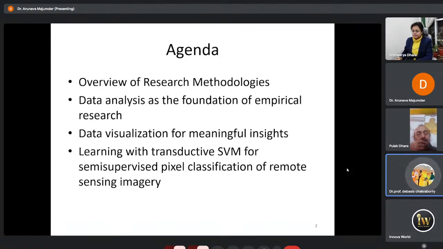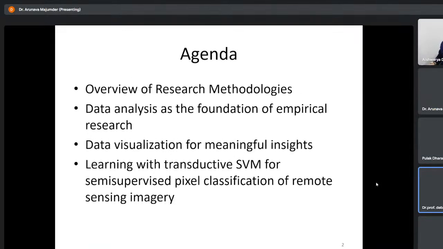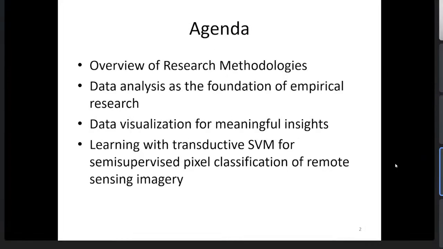Today's agenda: I'm going to give an overview of research methodologies and data analysis, presented as the foundation of empirical research, and data visualization, which is required for meaningful insights for exploration and investigations.